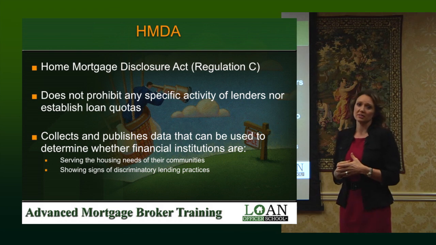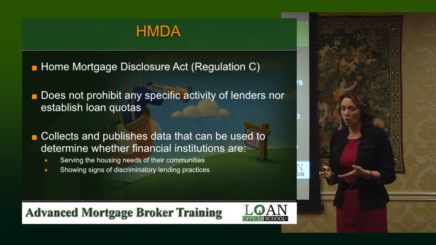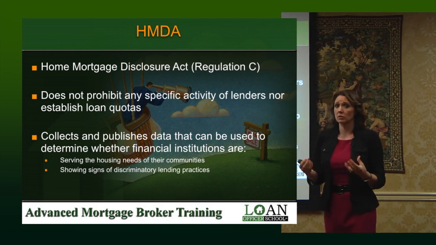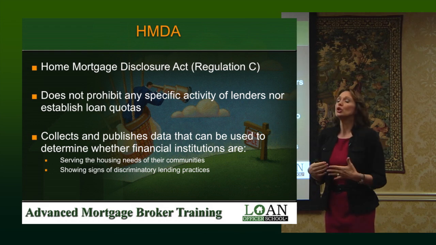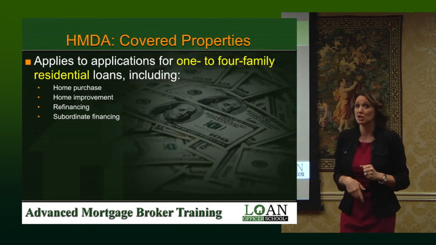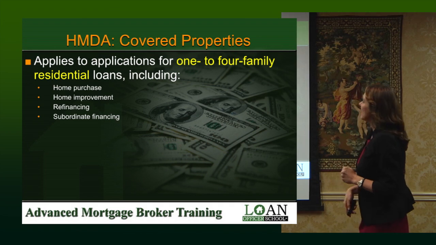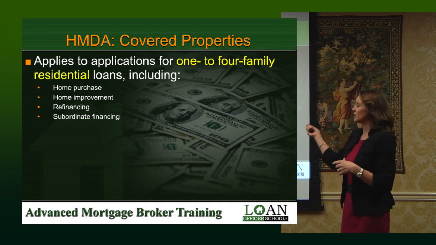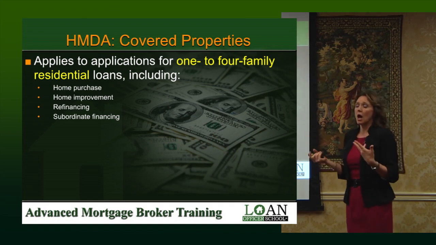That's what the Home Mortgage Disclosure Act is created for. We are required to disclose certain information as consumers so that the government can detect whether or not any discrimination is occurring. Now, this again applies to pretty much any 1 to 4 family property.